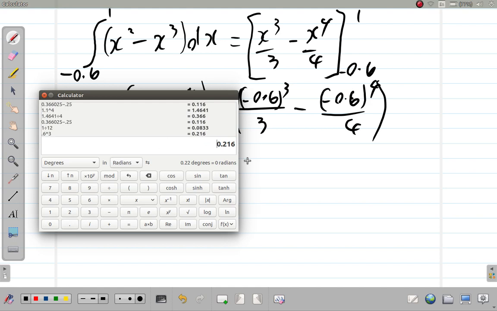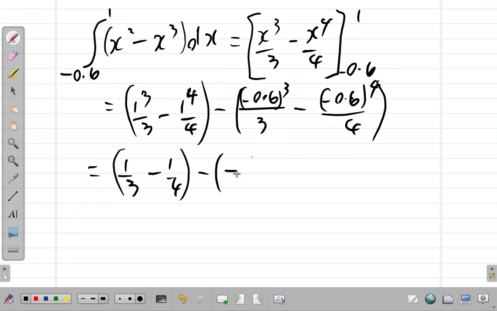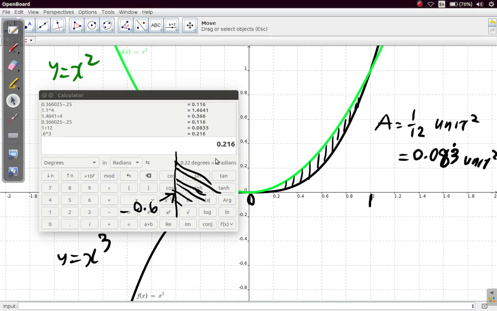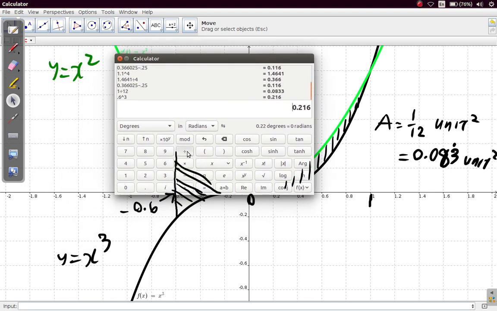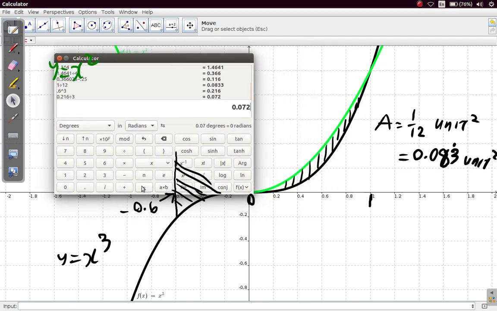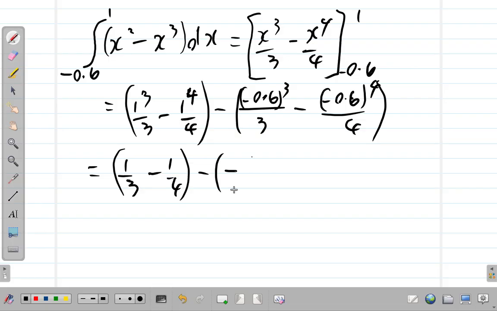So it's negative 0.216, over 3. What do we get? We get negative 0.072.